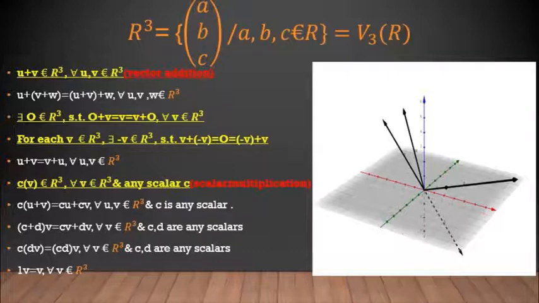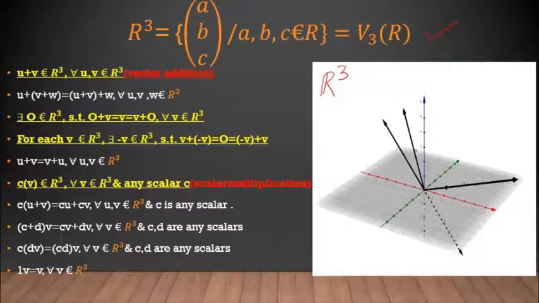Like R2, I have taken here R3, which is a set of these column vectors, and it is shown here in three-dimensional space. So this is R3, three-dimensional space, and the definition goes the same as for R2.